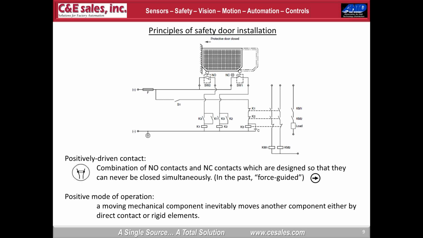That's the switch that's closest to the wall on the left, whereas the other switch is a normally closed contact that is unactuated in the closed position. And you see that the positive mode of operation is that as soon as that door moves open, the normally open switch is allowed to open, and the normally closed switch is positively driven closed. So that's the way it monitors the action of the door in a way that protects against any sort of mechanical maladjustment or out of alignment or distortion of the door action in the switch position.